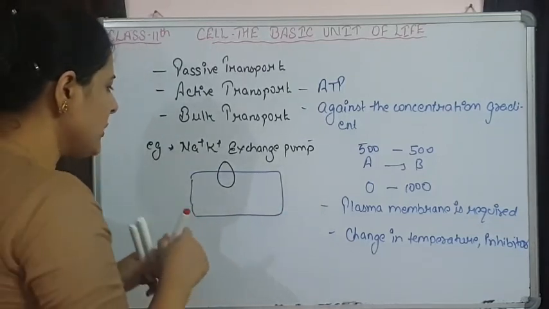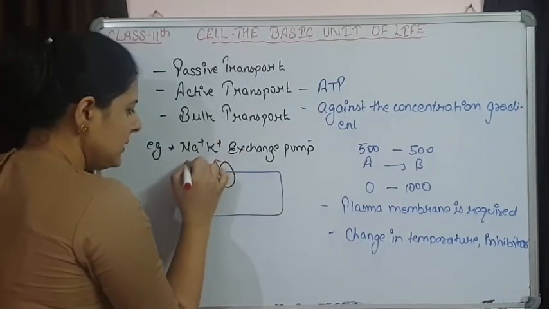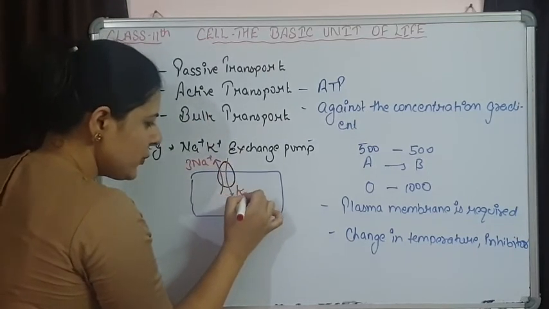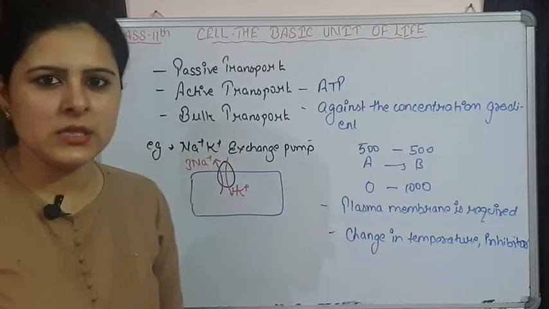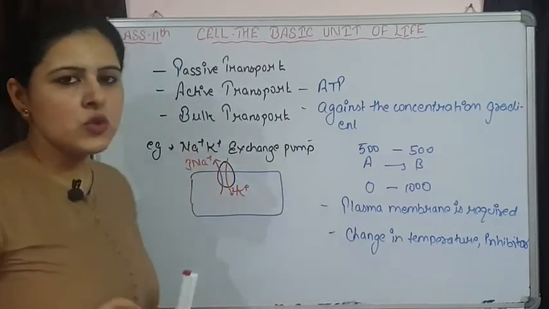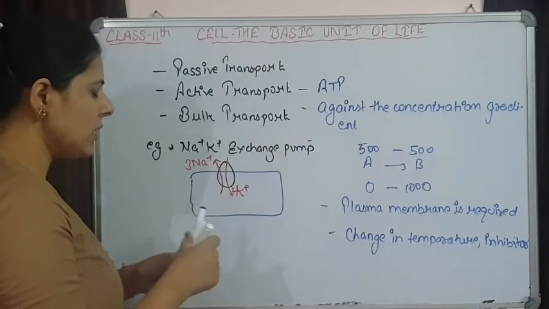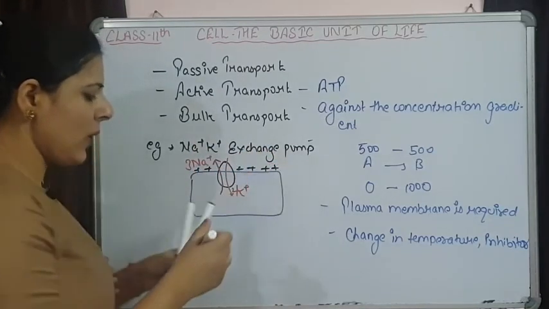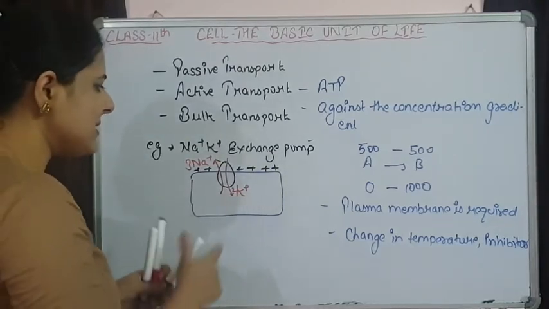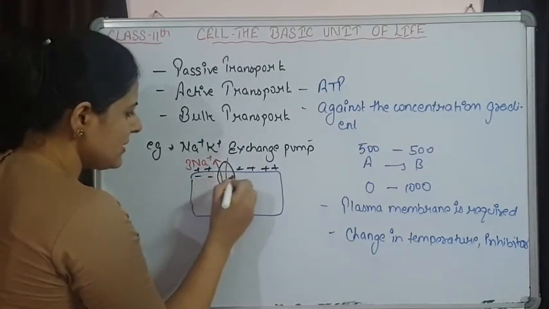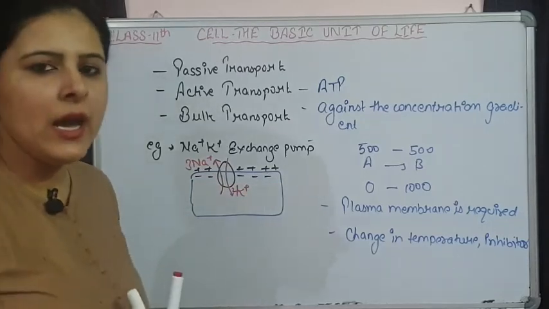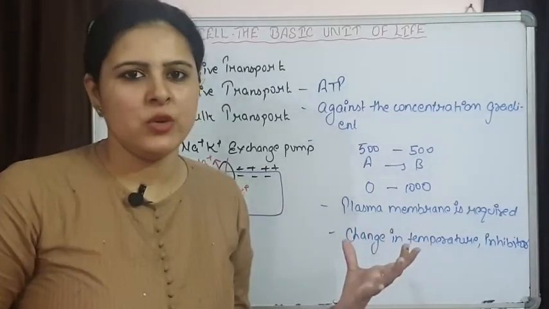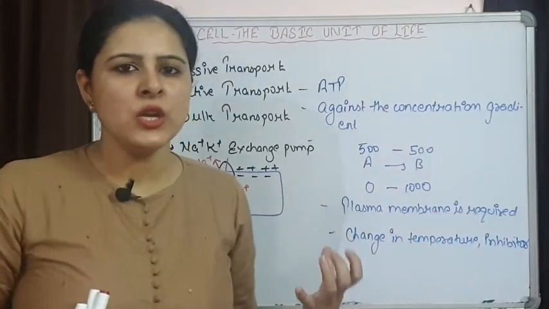So through this sodium potassium exchange pump, 3 sodium ions are going to move outside the cell and 2 potassium ions are coming inside. So on the outer side more sodium ions are present, so the extracellular surface is going to acquire a positive charge, while on the inner side there is less positive charge, or you can say a smaller number of potassium ions, so a negative charge is there, and that is our resting membrane potential, or our cell is present in polarized form.